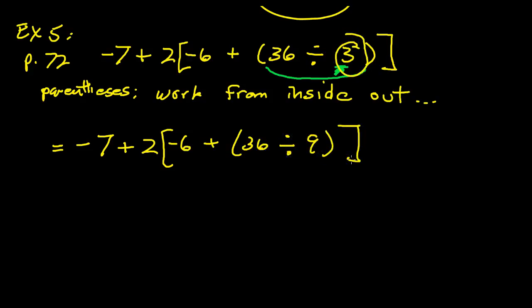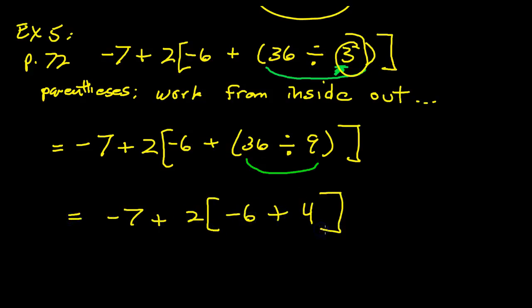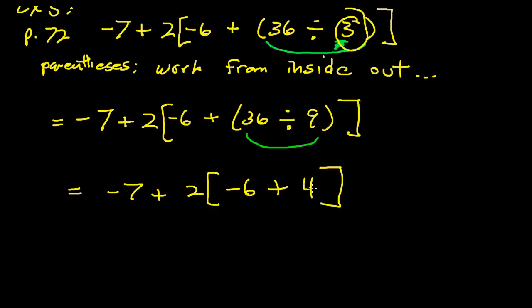And close the brackets. All right, I'm still going to work on the innermost set of parentheses here. 36 divided by 9 comes first. 36 divided by 9, of course, is 4. Again, that minus 7 plus 2 gets done last.